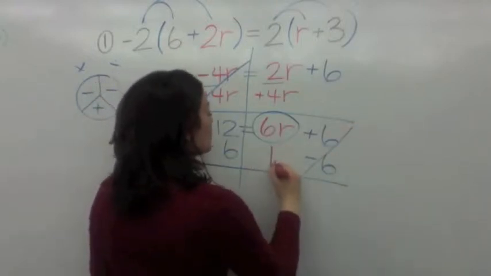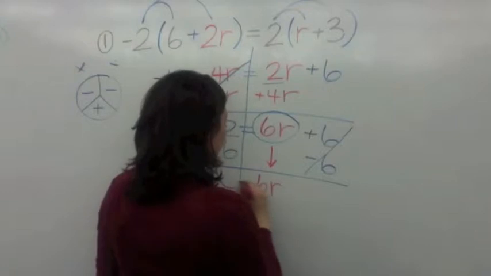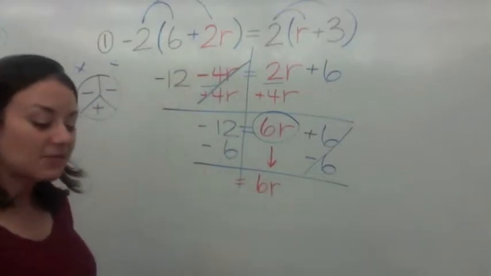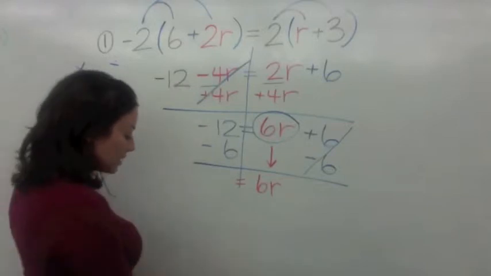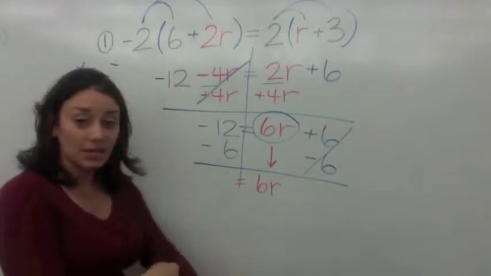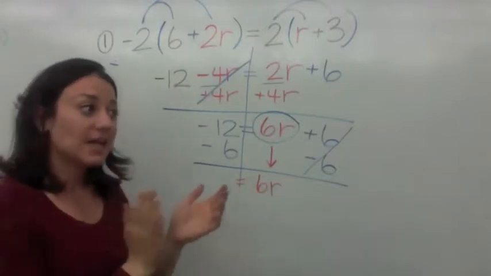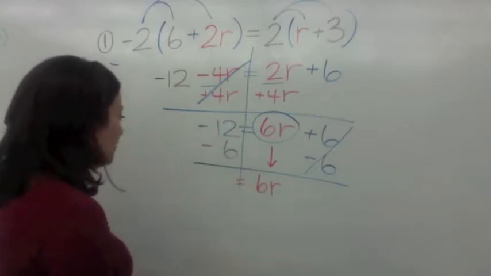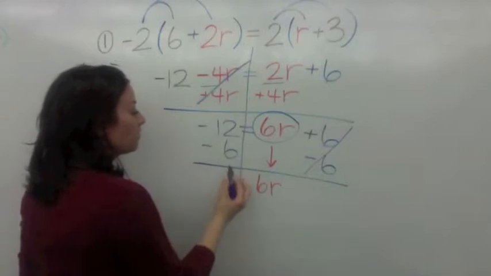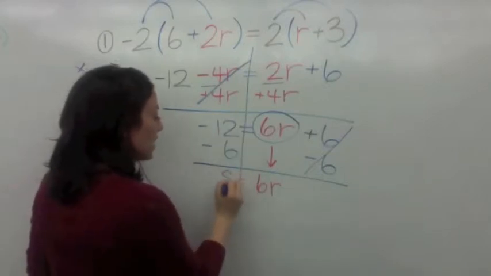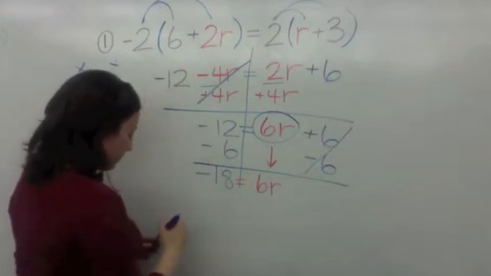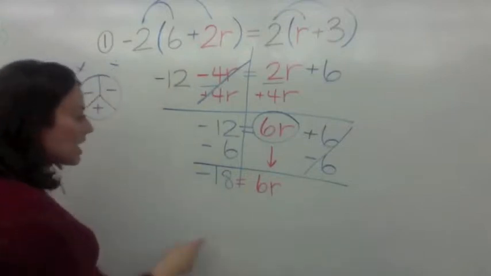Bring down the 6r. So 6r equals -12 and -6. Are they the same signs or different signs? Same signs, so you say same signs, add and keep. So add 12 plus 6, but keep the negative. 12 plus 6 is 18. So now 6r equals -18.